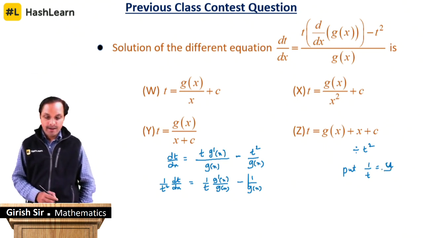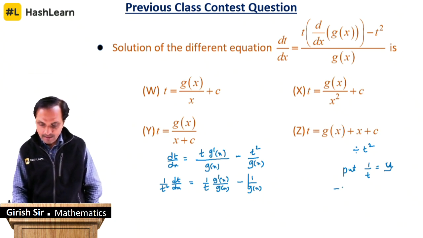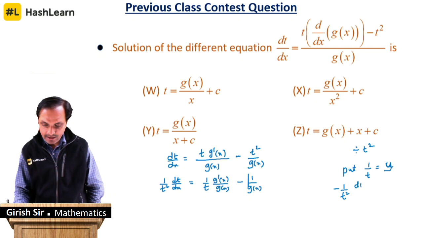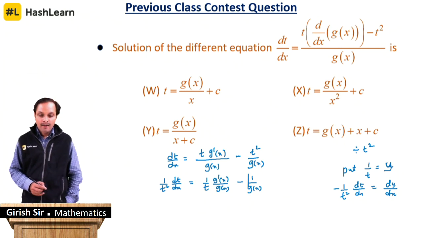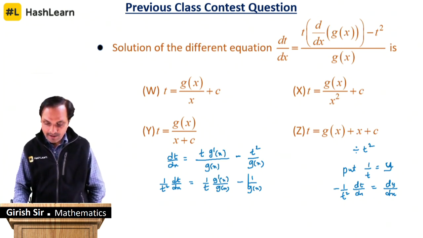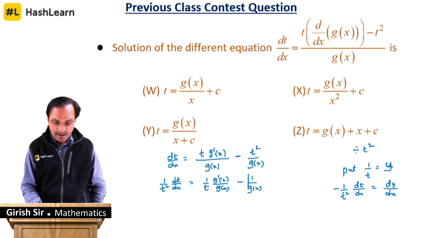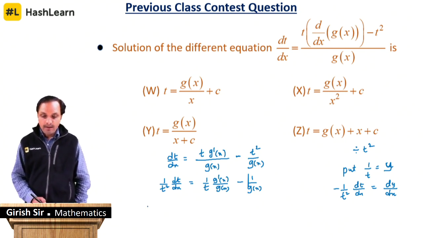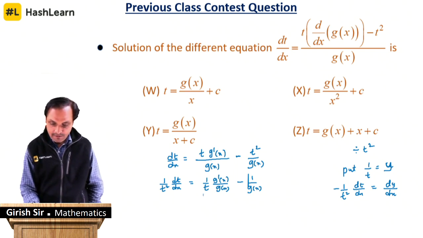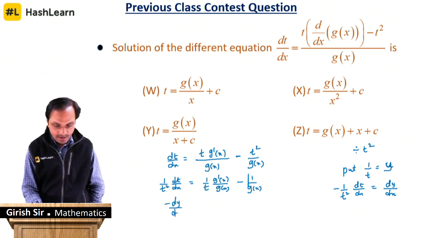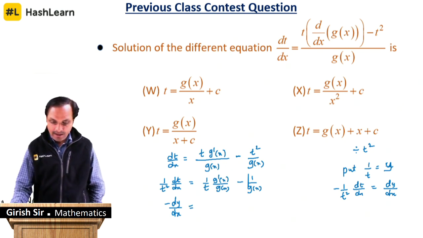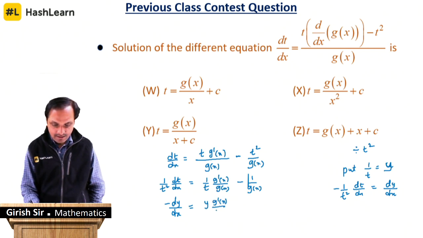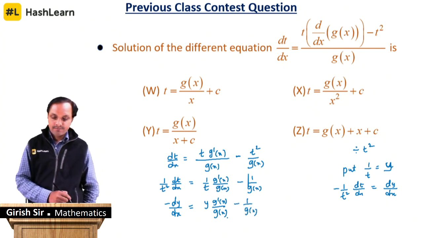What is differentiation of 1 by t with respect to x? Minus 1 by t square into dt by dx, this becomes dy by dx. So you have to substitute: the differentiation of that part will give you minus dy by dx, and you are putting 1 by t as y, so this part will become y g dash of x by g of x, and this will be as it is 1 by g of x.